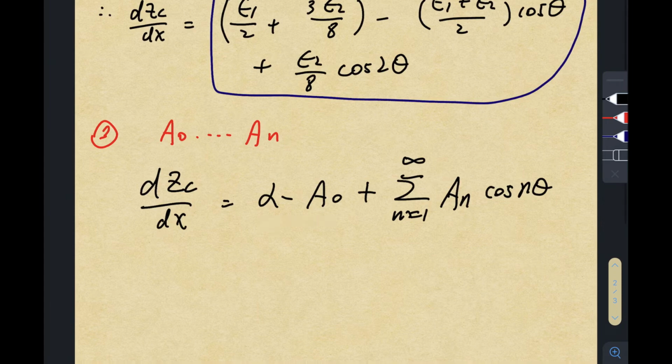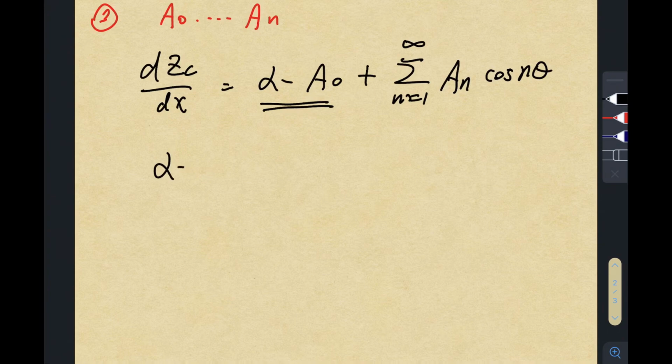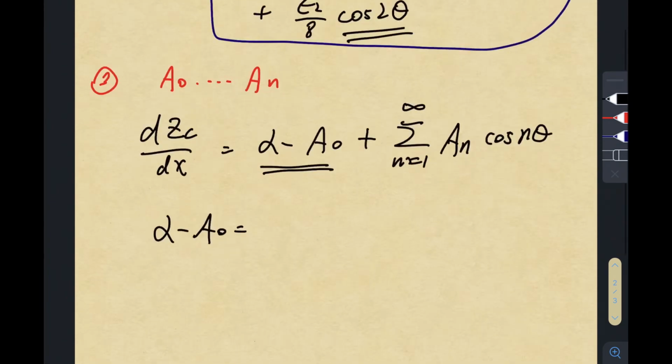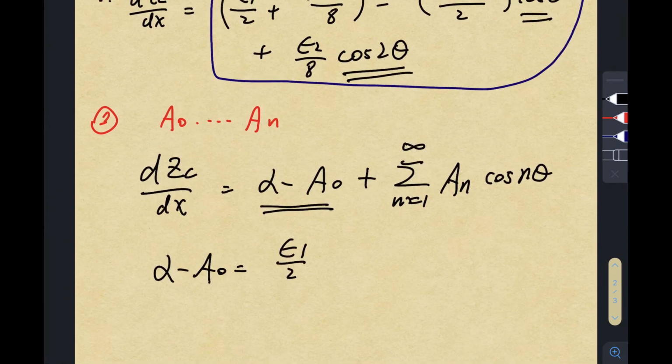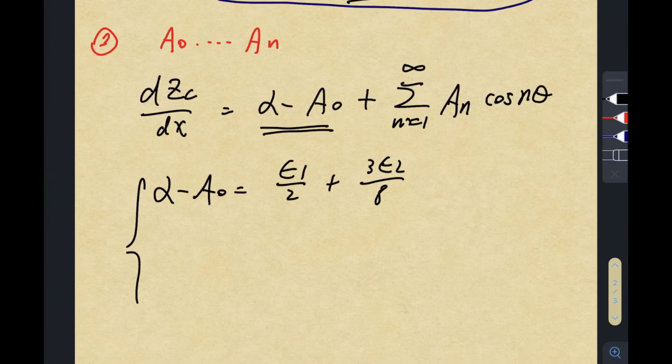The constant term corresponds to alpha minus A0, the cosine theta term corresponds to A1, and the cosine 2 theta term corresponds to A2. Therefore, alpha minus A0 is epsilon 1 divided by 2 plus 3 epsilon 2 over 8.